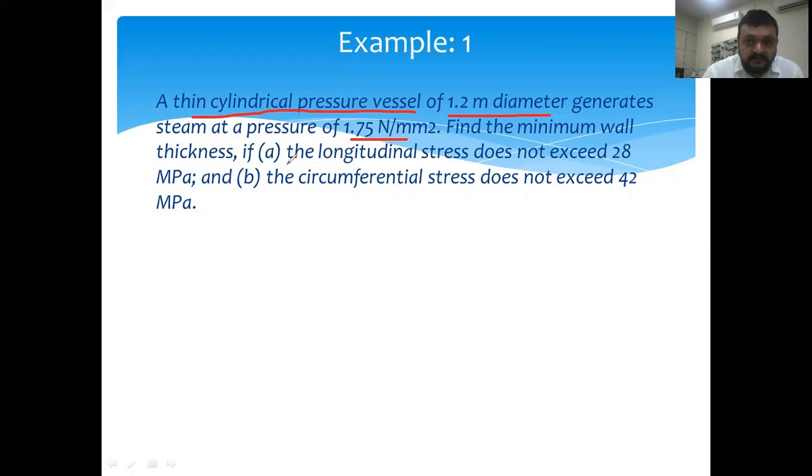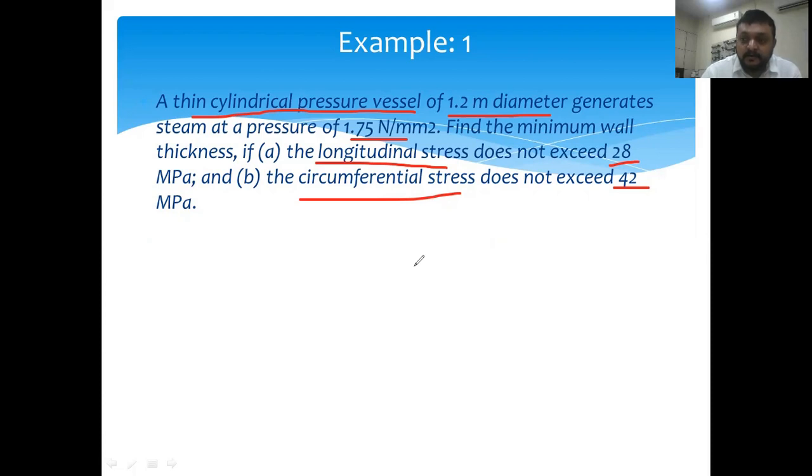Minimum wall thickness T under the longitudinal stress, that is 28, that is sigma T2, and circumferential stress, that is sigma T1, 42. Here the reverse is given, sigma T2 is written first and then sigma T1 is written. So don't be confused. Circumferential stress means sigma T1.